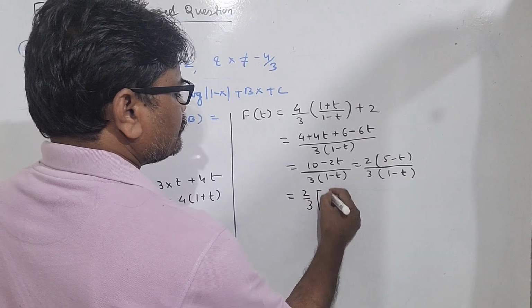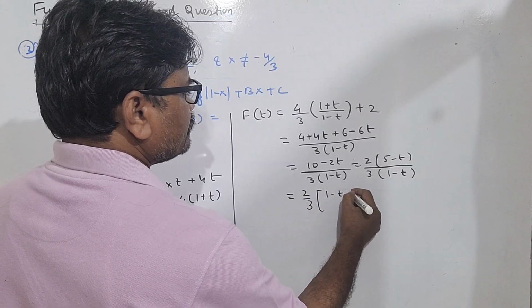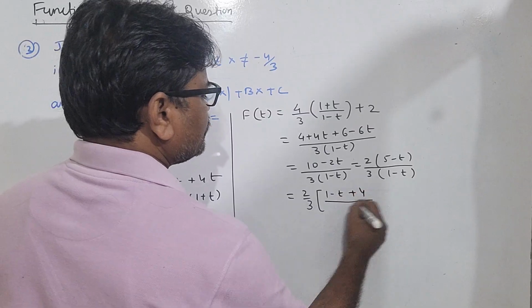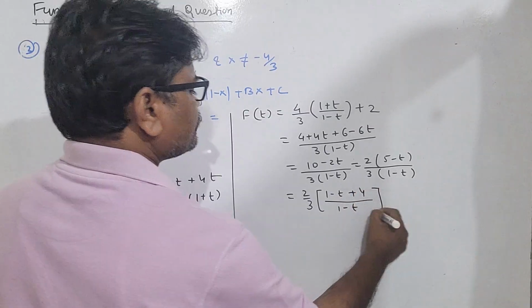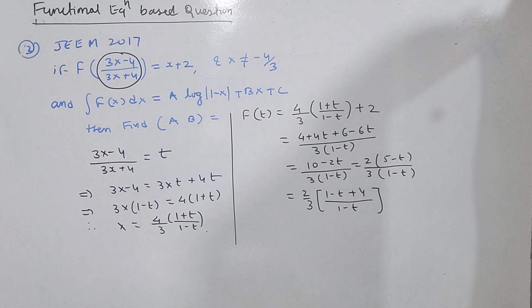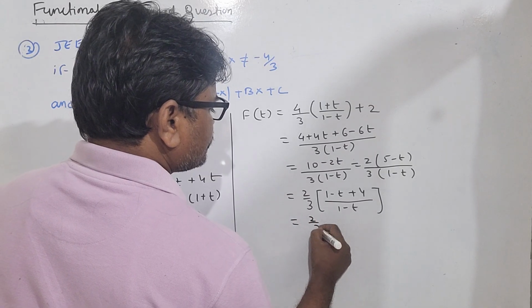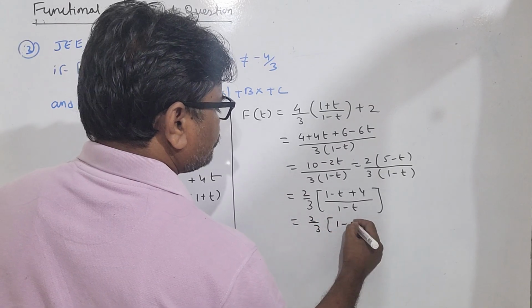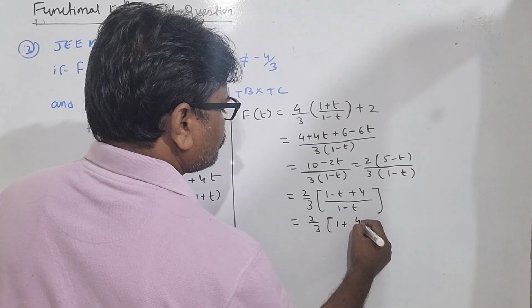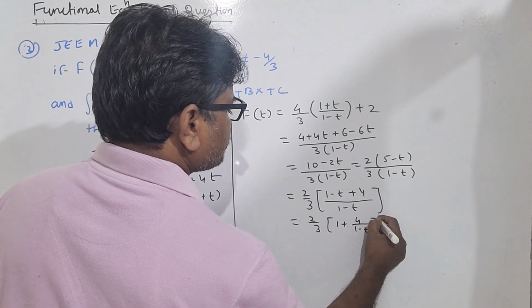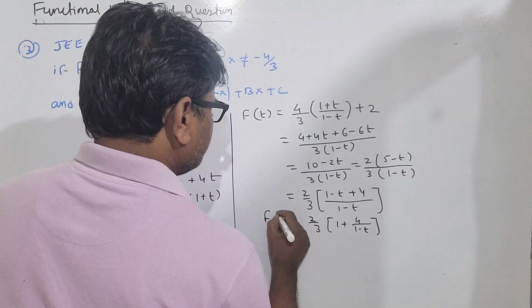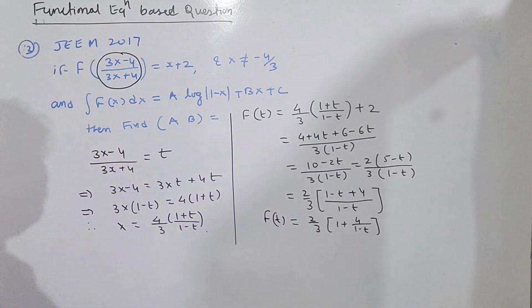So this is (1 minus t) plus 4 divided by (1 minus t). Correct? This is an important step, mind it. So therefore this is 2 by 3, 1 plus 4 by (1 minus t). Now it is easy to integrate, correct?